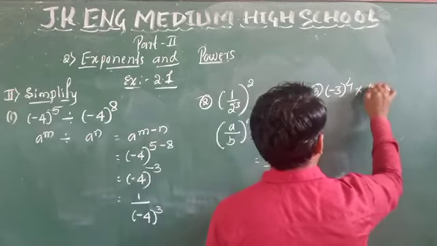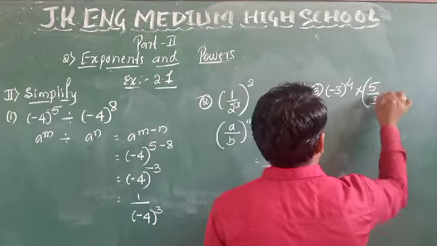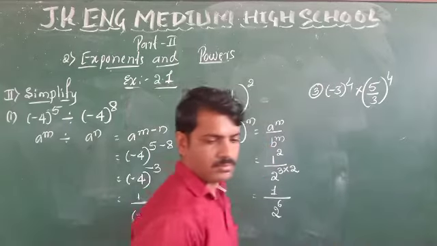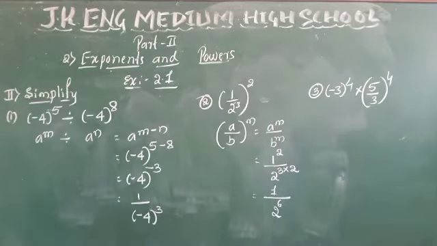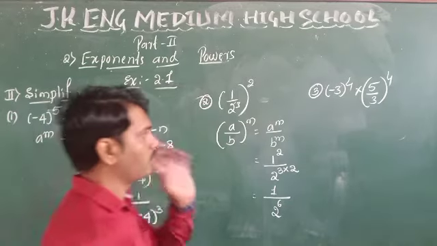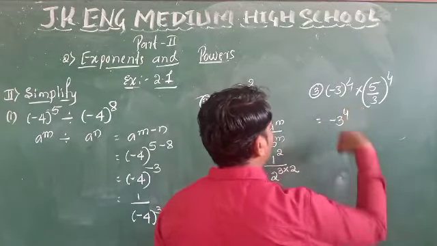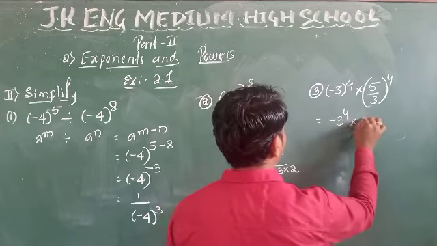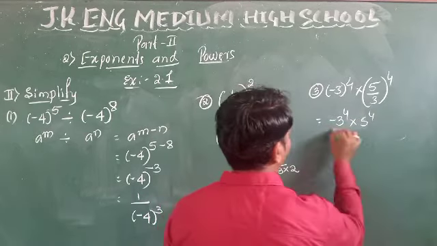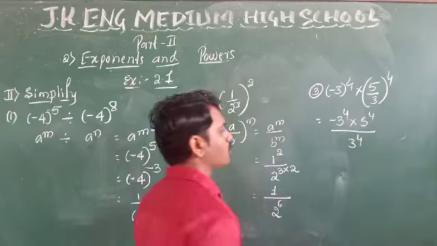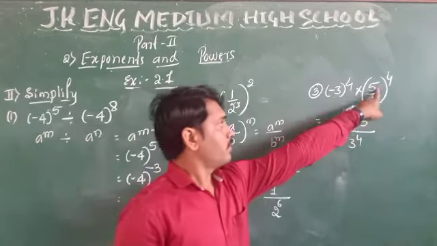Okay, into sign. 3 to the power 4. Okay, how to simplify this? Let us solve. Minus 3 to the power 4 into 5 to the power 4, whole divided by 3 to the power 4, 5 to the power 4.